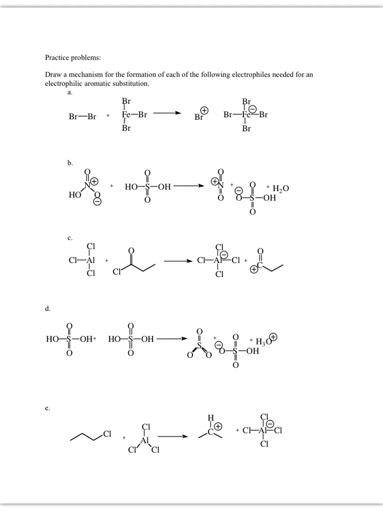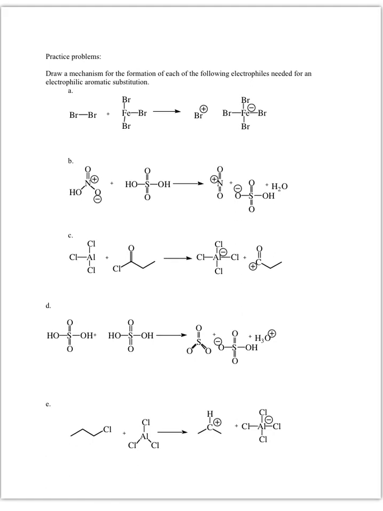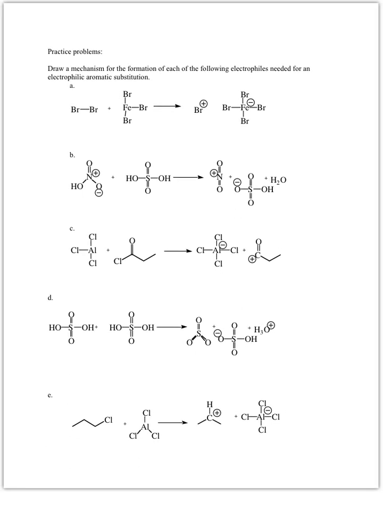So here we have the 5 electrophiles that we will work with on this section. Can we form the electrophile? So the bond breaks, we form Br+. Here we need to protonate the nitric acid to make a leaving group, and then reform and kick out the leaving group, and we have that.